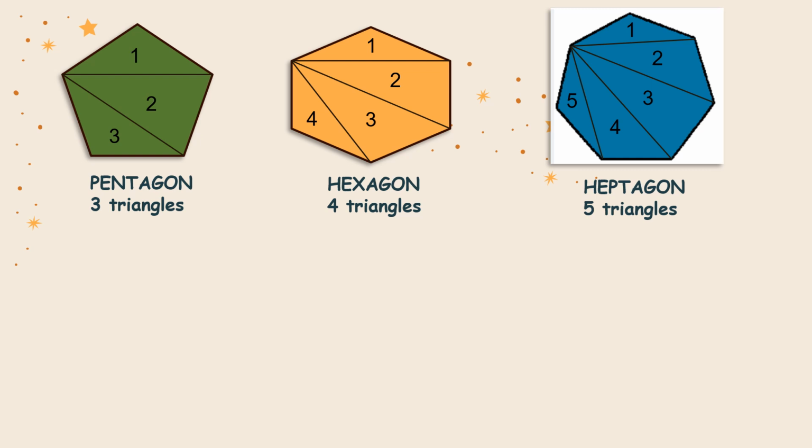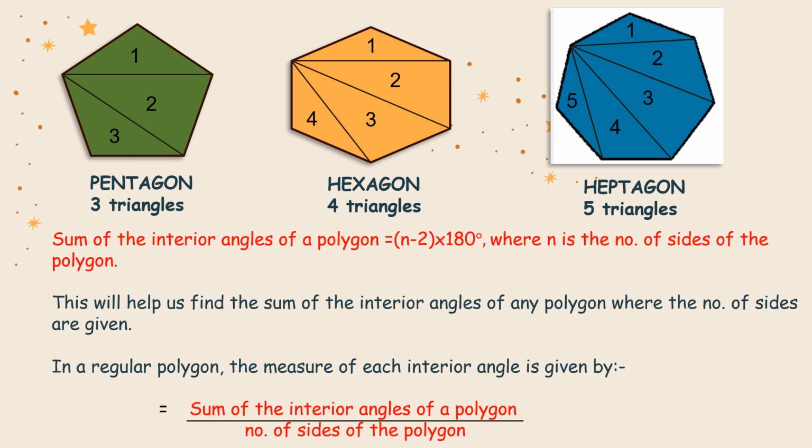So basically from this experiment, we can deduce the equation of the sum of the interior angles of a polygon by the product of the angle sum property of the triangle. What is that? 180 degrees into 2 less than the number of sides. Like this.